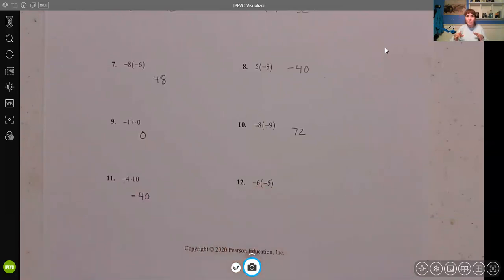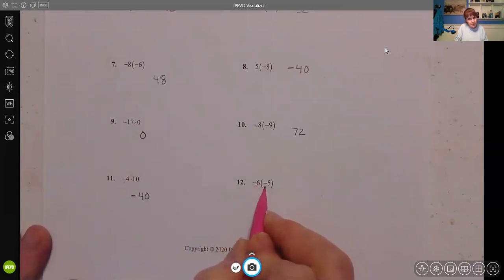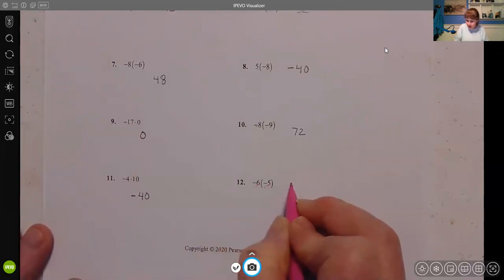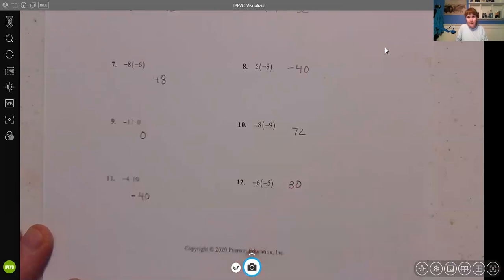They're also looking at different ways of symbolizing multiplication. Sometimes we're using a dot, sometimes we're using parentheses. It means the same thing. They're trying to get you used to both ways, meaning multiplication or find the product. 2 negatives, 2 is even, so it's going to be positive 30.